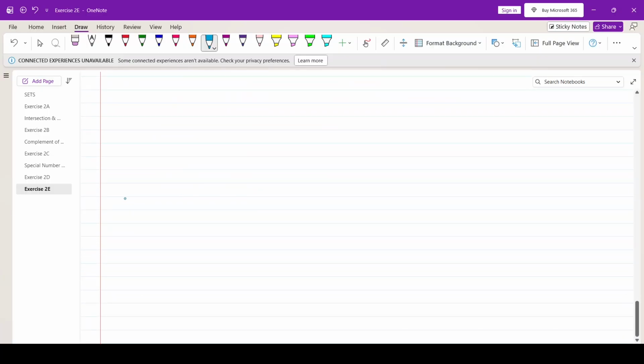Let's move on to the next question. Suppose universal set is a set of all integers such that those integers are between 0 and 8, including both of them. And A is a set of all integers between 2 and 7, including both of them. And B is a set of all integers between 5 and 8, including both. List the elements of A. So let's first draw a number line.